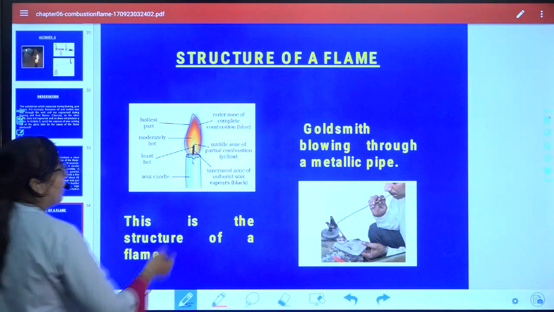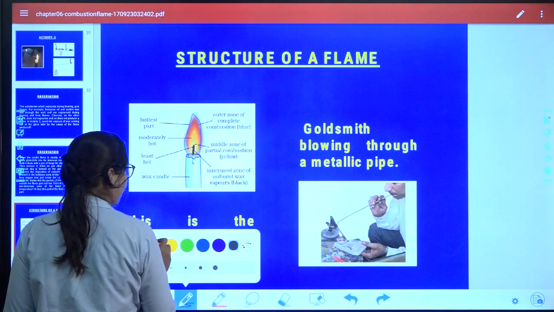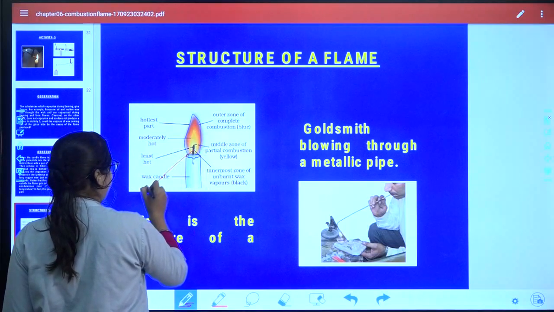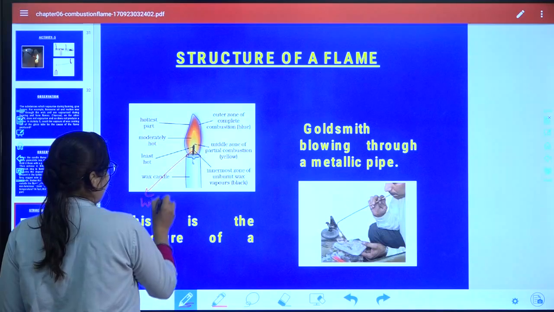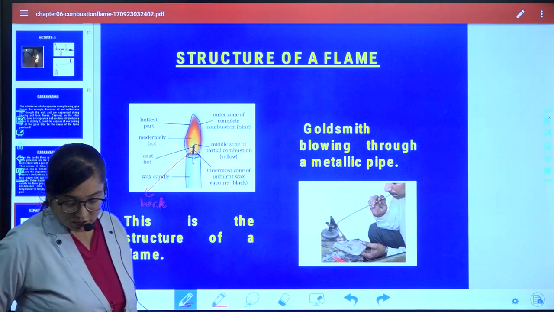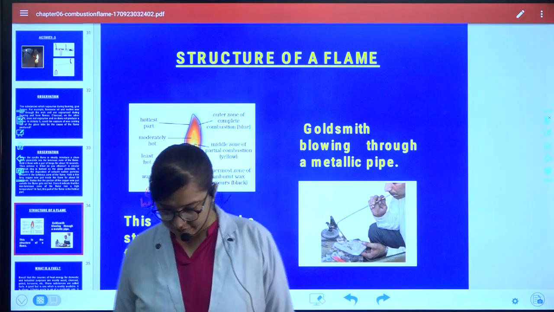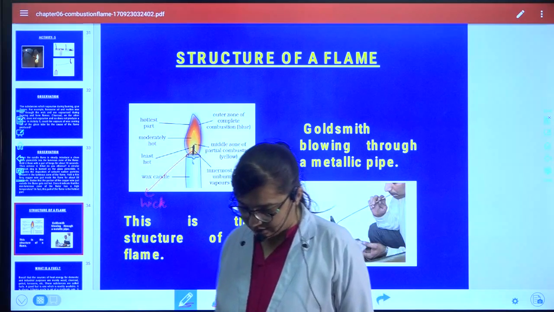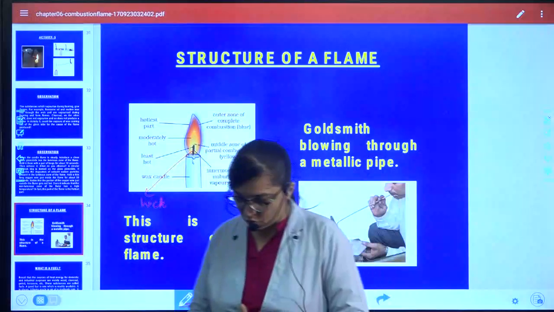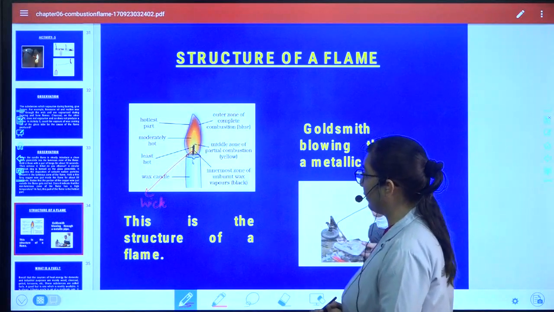Then this is the wax candle and this is the wick, an unspun cotton thread which is burning, and paraffin wax is generally used so that it will vaporize quickly on heating. So this is about the structure of the flame.